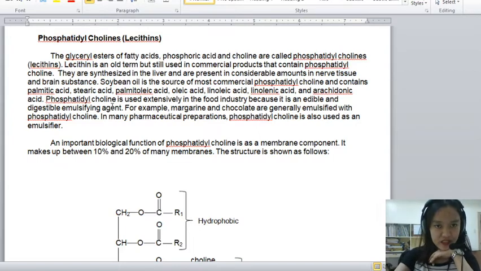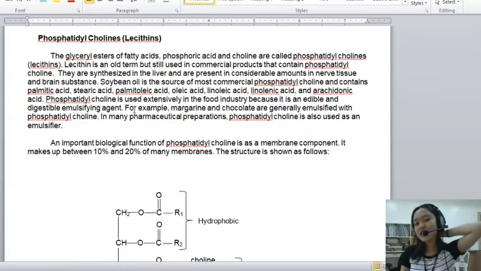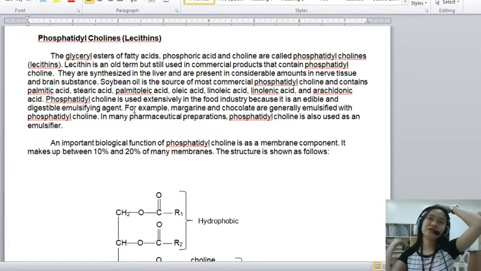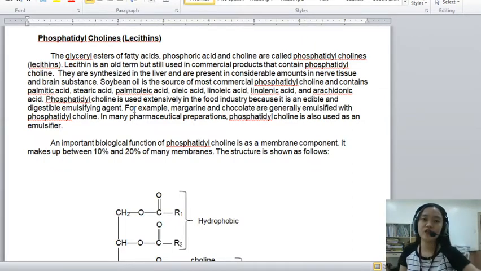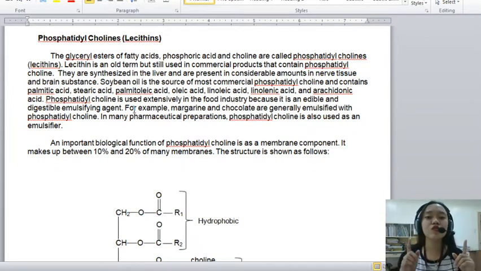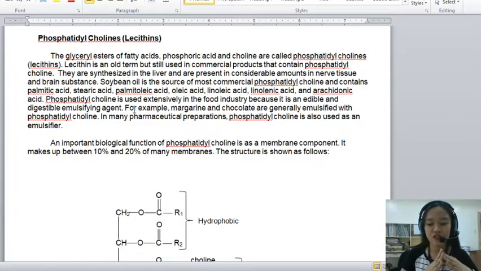So, phosphatidylcholine is used extensively in the food industry because it is an edible and digestible emulsifying agent. When you say emulsifying agent, or emulsifier, it mixes two substances that are supposed to be not compatible with each other, okay?